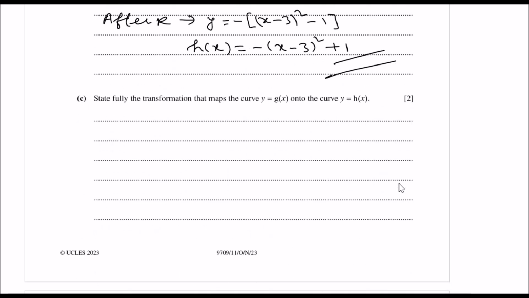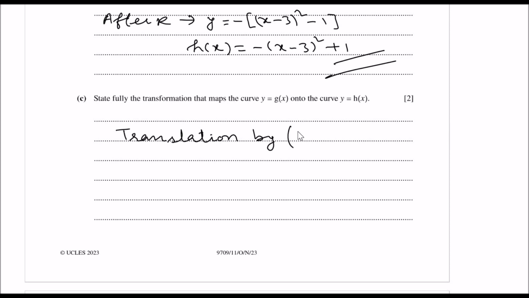So vertical translation is involved, and that can be mentioned as translation by the vector (0, 2).